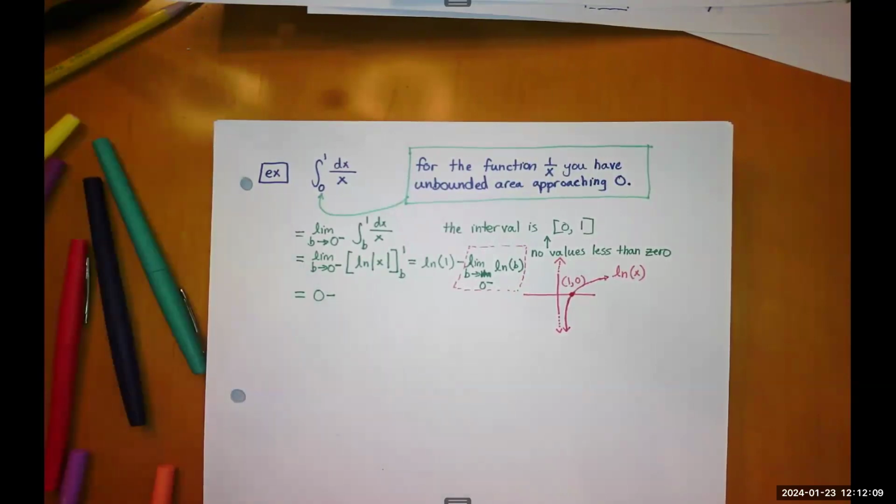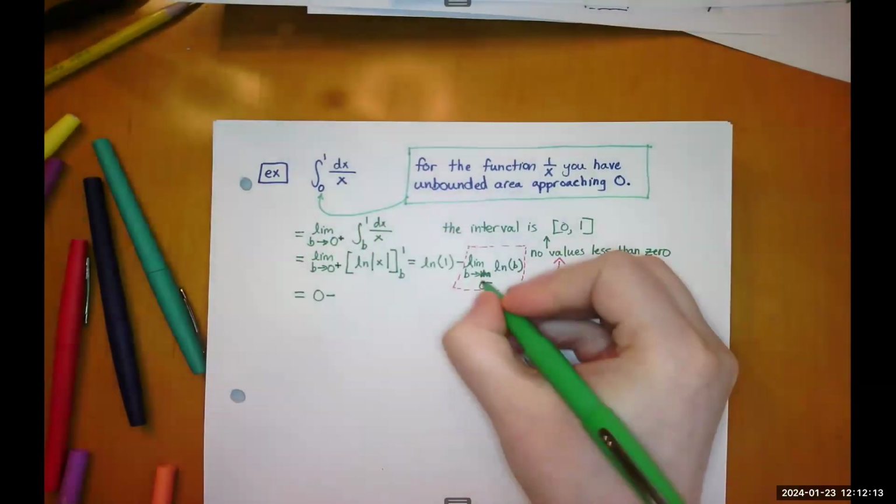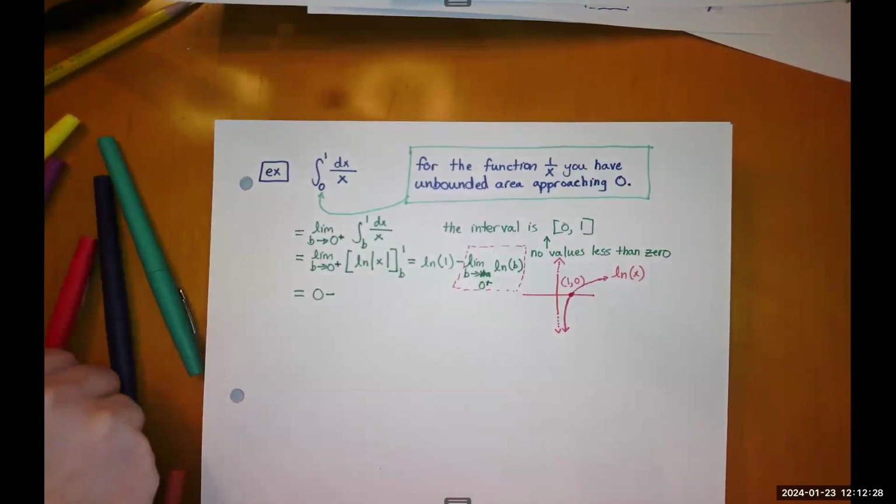In case you've been wondering, yes, that should be a positive sign. We can only approach from the right because only values larger than 0 are allowed.